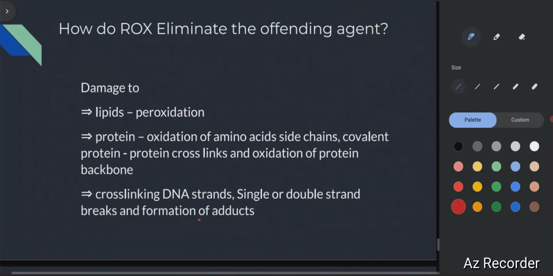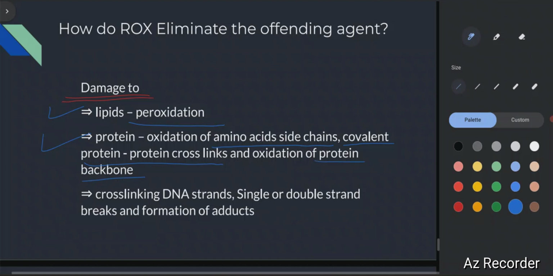How do reactive oxygen species eliminate the offending agent? They damage each and every component of an antigen. Okay, if they are acting upon lipids, they will cause lipid peroxidation. If they are acting upon protein, they will cause oxidation of amino acid side chains, and they will form covalent protein-protein crosslinks, and they will also oxidize the protein backbone.